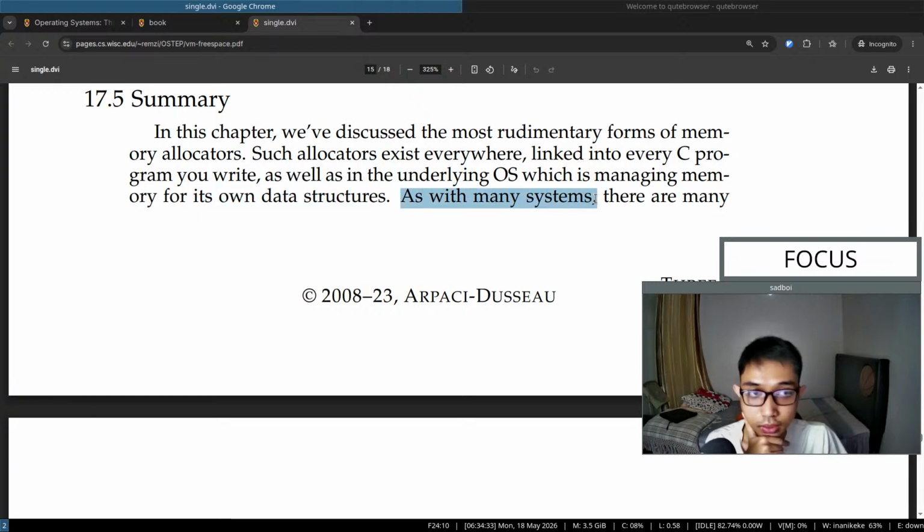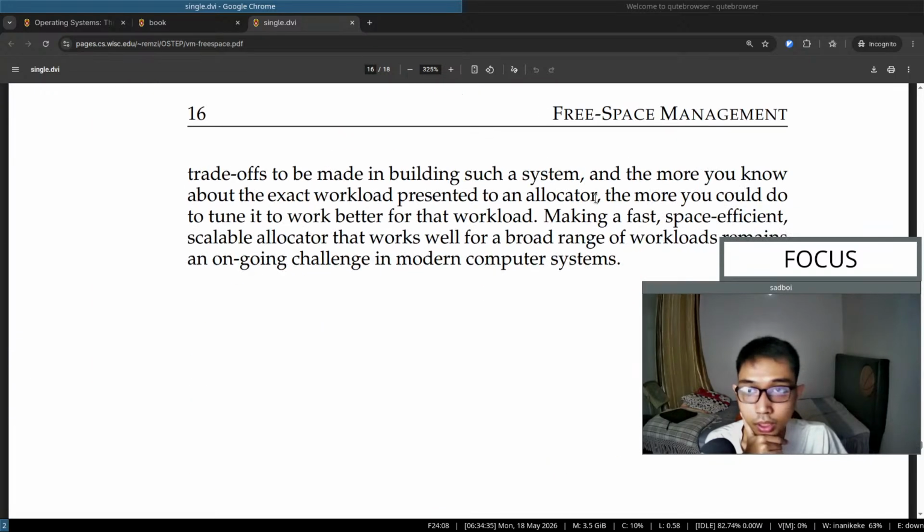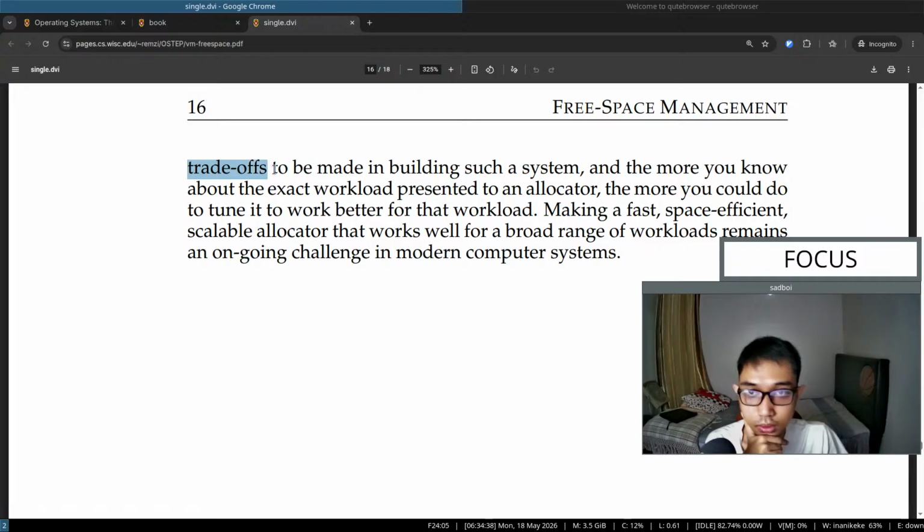As with many systems, there are many trade-offs to be made in building such a system. And the more you know about the exact workload present to an allocator, the more you could do to tune it to work better for that workload.